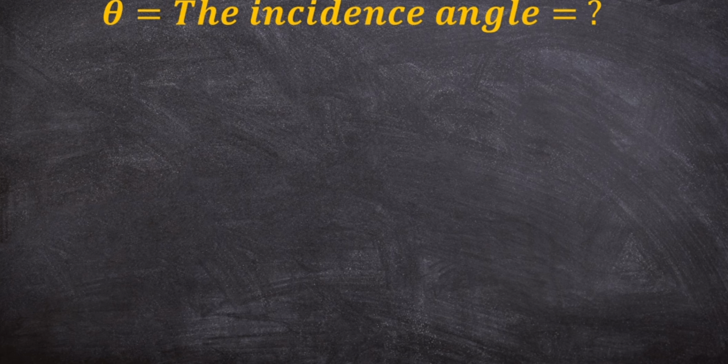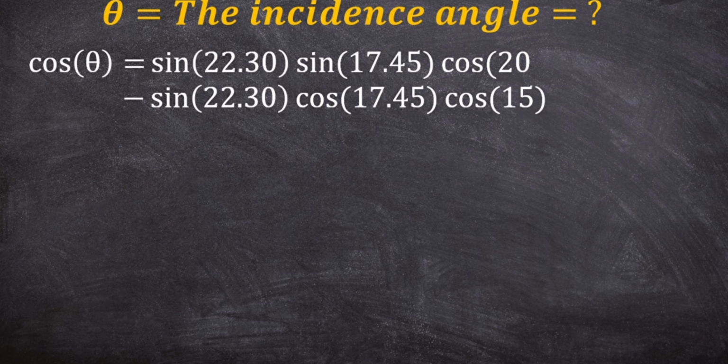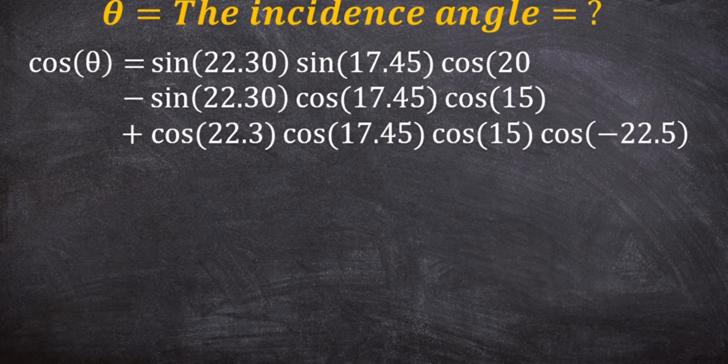Writing our solution, cos theta will be equal to sine 22.3 sine 17.45 cos 20 minus sine 22.3 cos 17.45 cos 15 plus cos 22.3 cos 17.45 cos 20 cos 15 cos negative 22.5 plus cos 22.3 sine 17.45 sine 20 cos 15 cos negative 22.5 plus cos 22.3 sine 20 sine 15 sine negative 22.5.